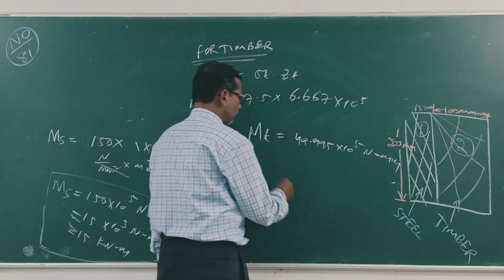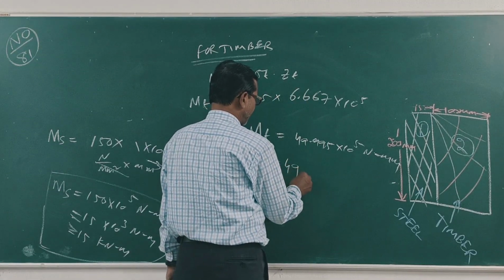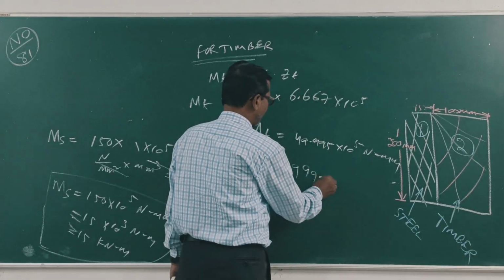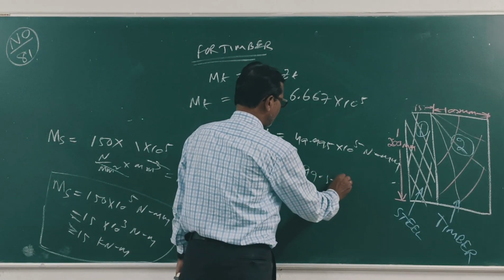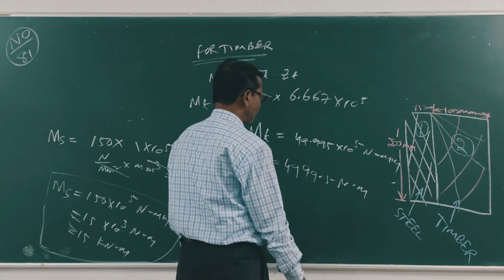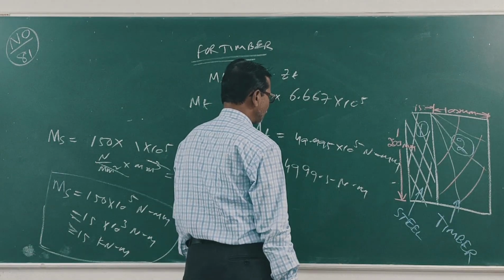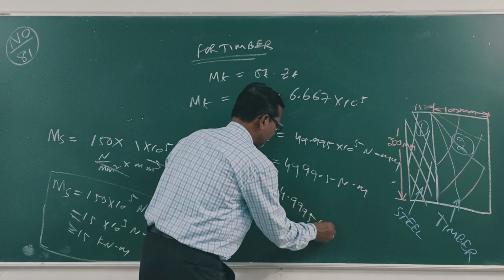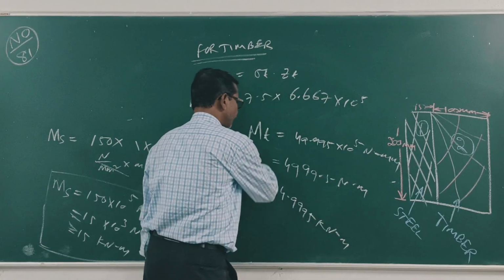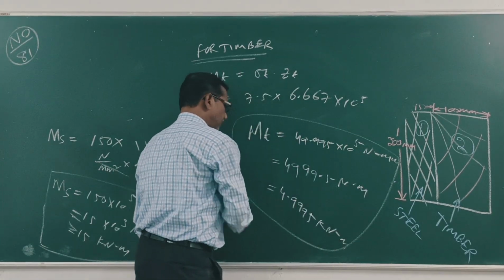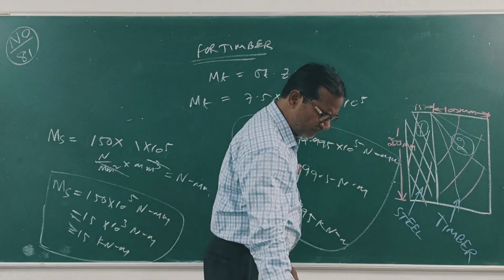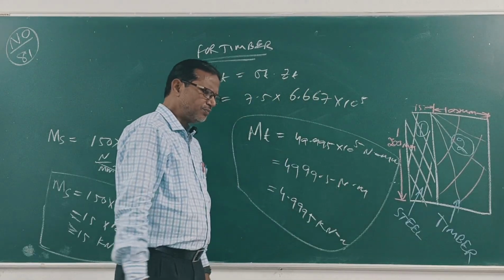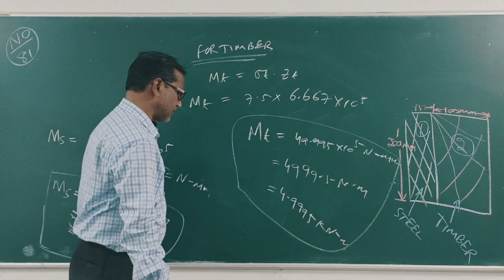This is equal to 49.995 Newton meter, which is equal to 4.9995 kilonewton meter. MT, MS. Now the total moment resistance.